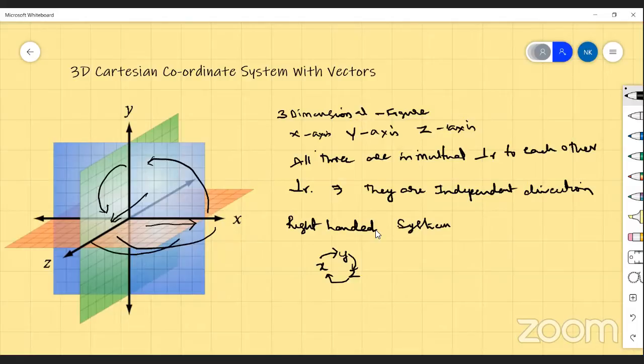When you are sweeping from z to x, it gives y. This is the right-handed system. In almost all cases, use the right-handed system.